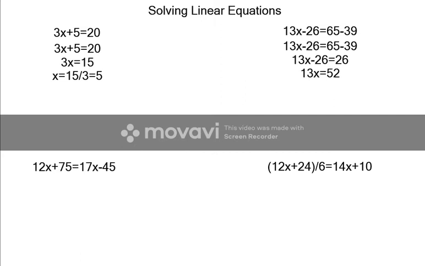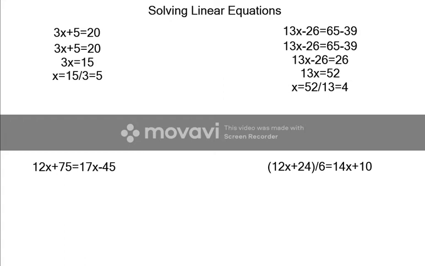Now we just divide by 13 like we did in the first question. Then x equals 52 divided by 13, which is the same thing as 4. So the answer is x equals 4.